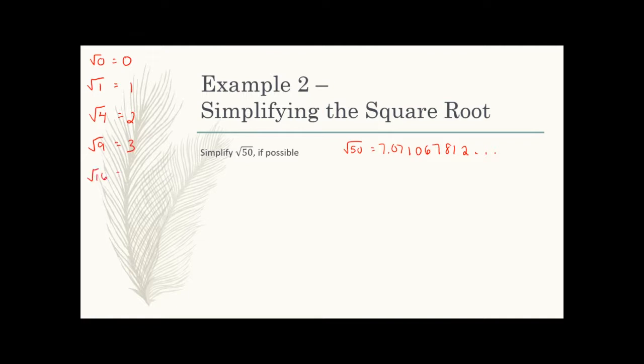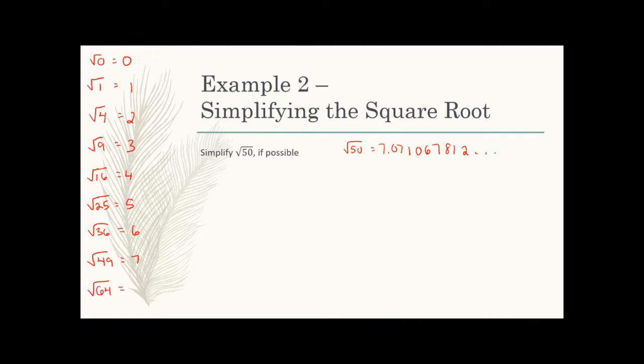Square root of 16 is 4. Square root of 25 is 5. These are all common square roots that come out to whole numbers. Our goal is to split 50 up so that you can make it something that you can take a whole number root of. So you can use one of these numbers here. I'm just writing down the most common ones.